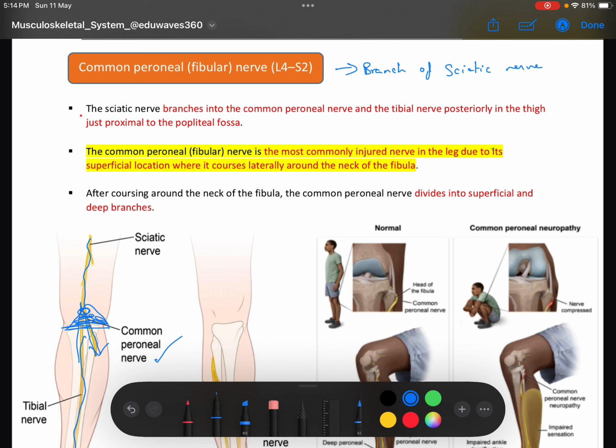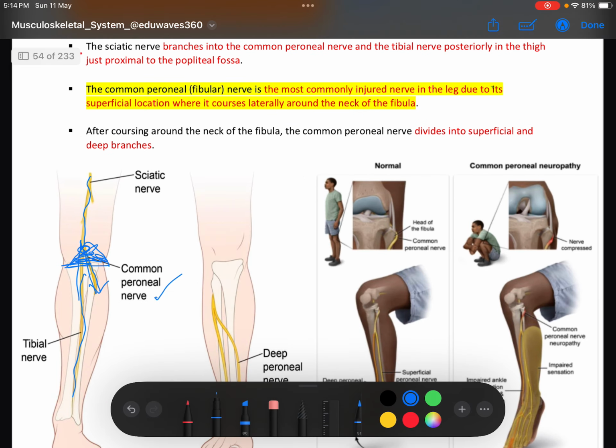Now the sciatic nerve splits into the tibial and common peroneal nerve just proximal to the popliteal fossa. The common peroneal nerve travels laterally around the neck of the fibula. In this image you can see the common peroneal nerve going down and traveling laterally around the neck of the fibula, which makes it highly vulnerable to trauma.